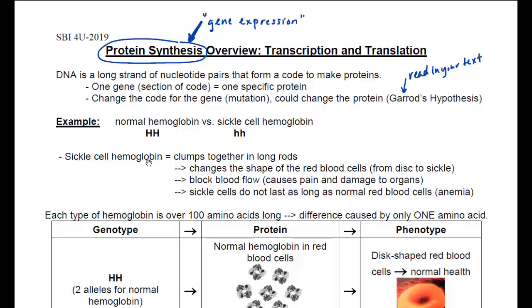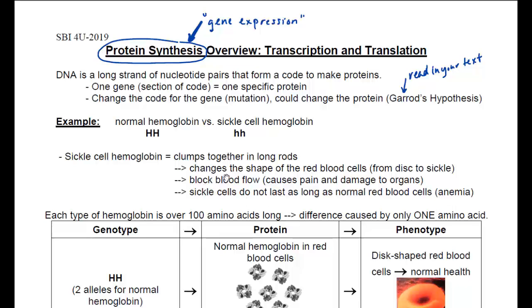Sickle cell hemoglobin doesn't do what it's supposed to do. It doesn't carry oxygen as well. It doesn't last as long as a normal red blood cell. Normal red blood cells are supposed to last anywhere from 100 to 180 days, and these ones die much quicker than that, which means that you are missing blood or you have anemia. Anemia means that you have fewer red blood cells than you're supposed to.